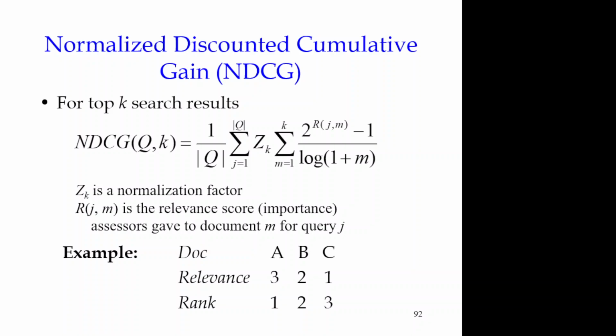If A is put at the last place, although it is very important, its denominator will be large because you put it at the last place. So its DCG will be small. The design logic is like this. Any problems?